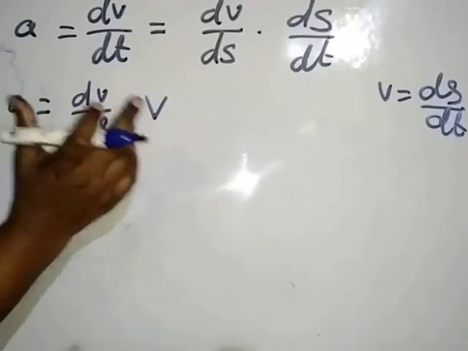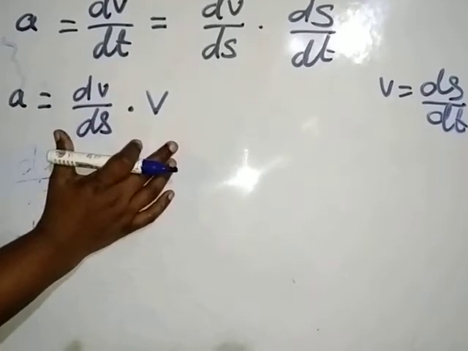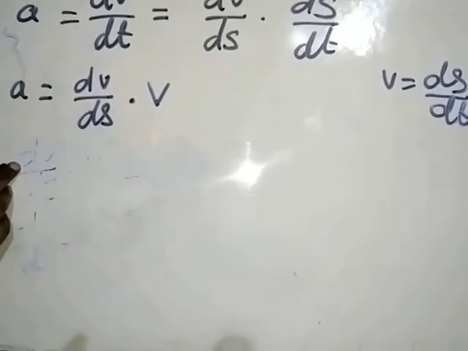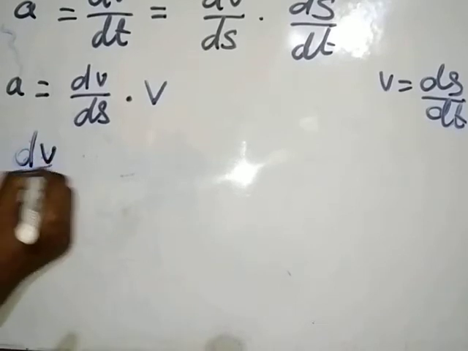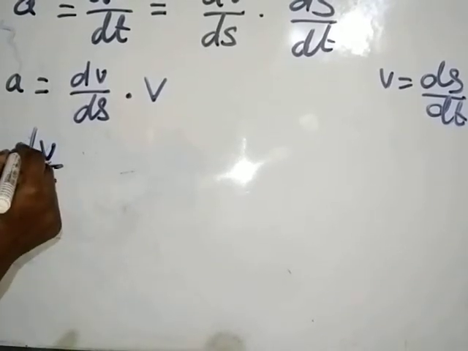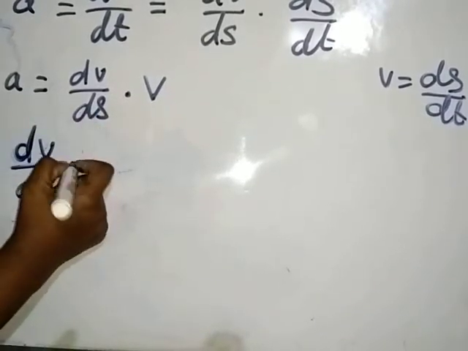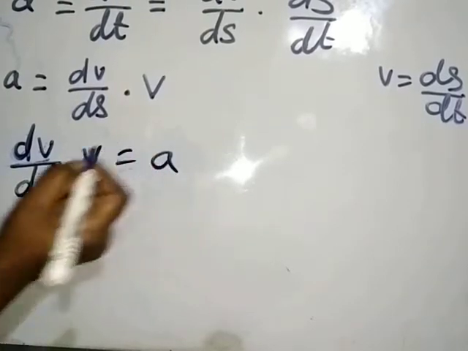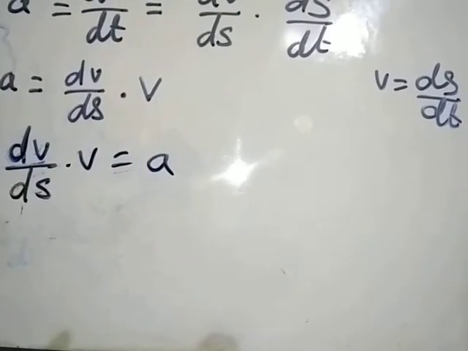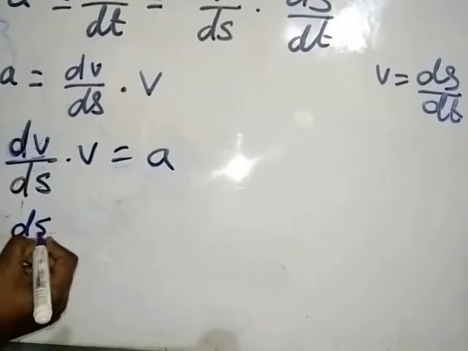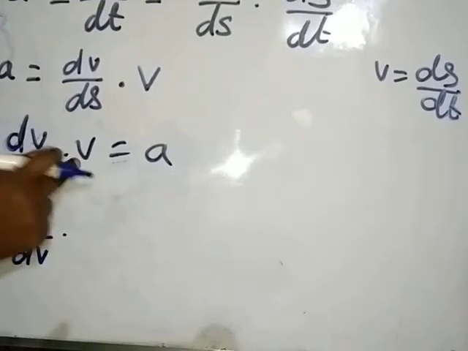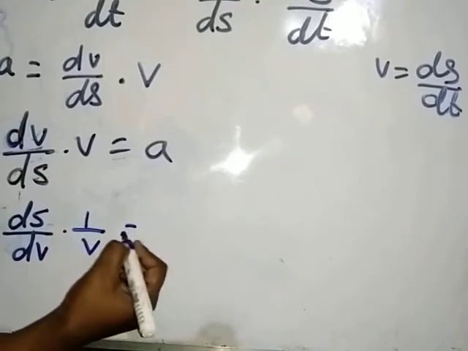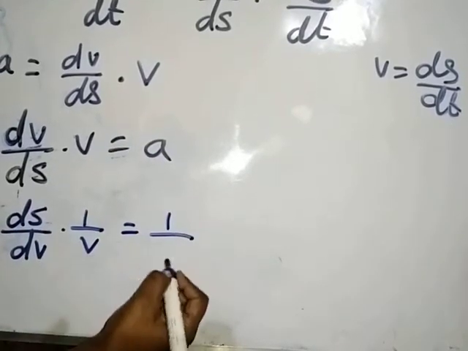Write the right hand side to the left hand side like this: dv by ds into v equals a. Now take the inversion: ds by dv into, the inverse of v is 1 by v, the inverse of a is 1 by a.